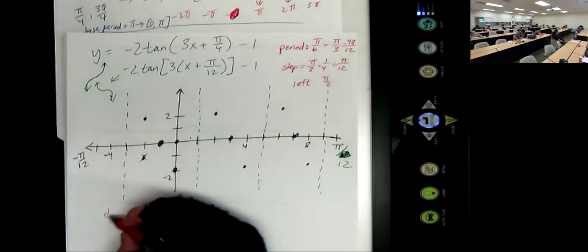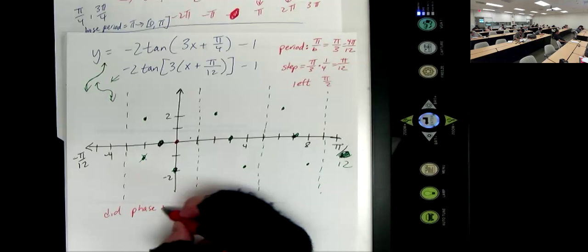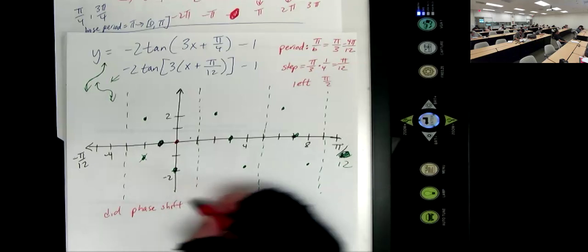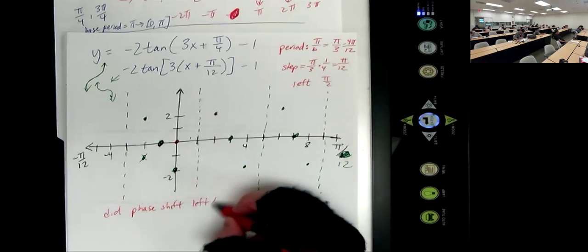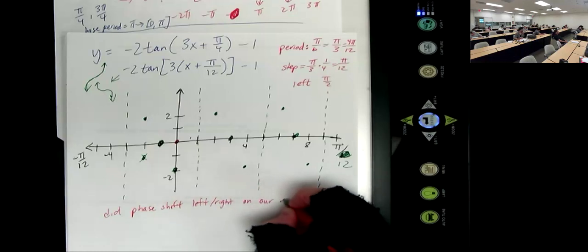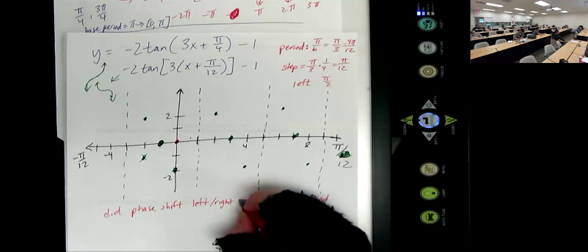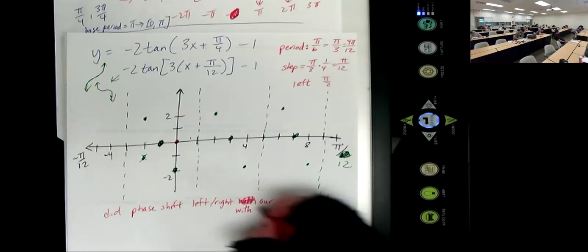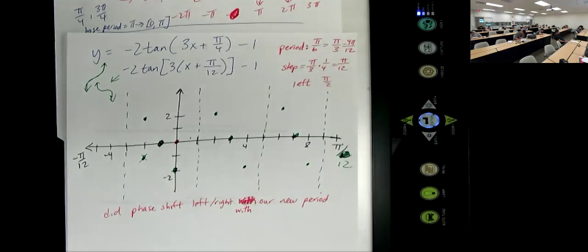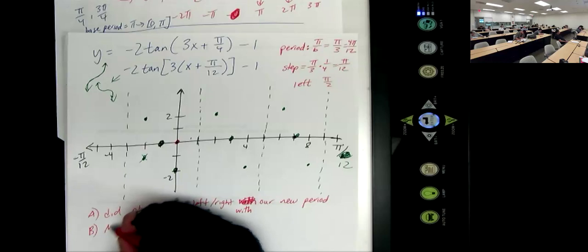So we did our phase shift, which is our left, right, on our new period. So with our new period, mark points for amplitude.